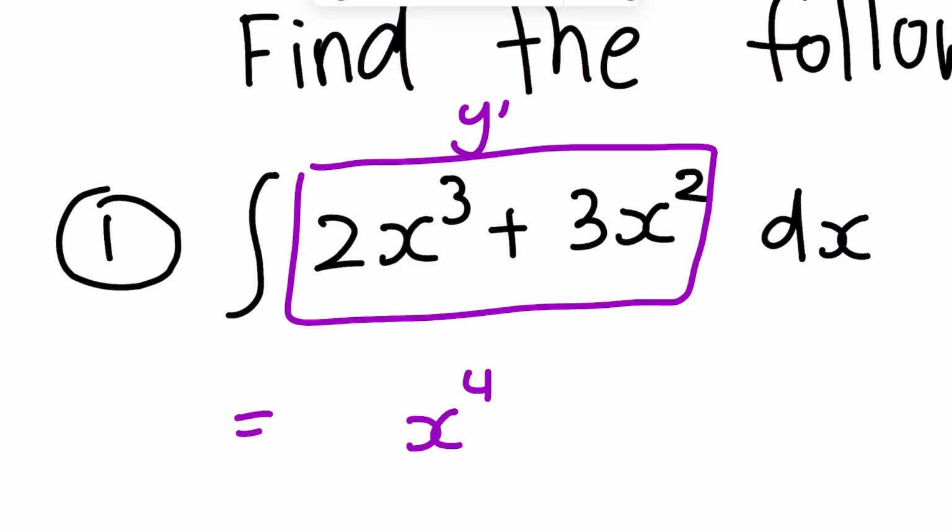So the power will be 4, right? And when we derive, we want to have 2. So how do we do that? Well, we know that when we derive, it's always going to be 4 times something. And we know that 4 times something is going to be 2. So 4 times what equals 2? Well, 4 times 1/2, right?